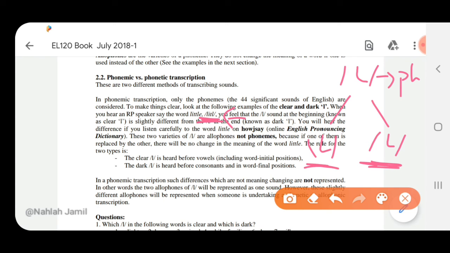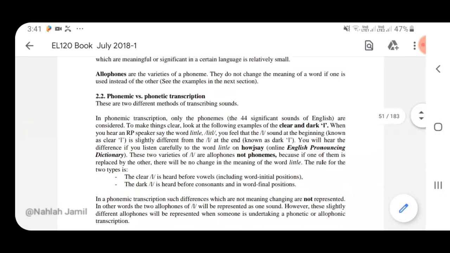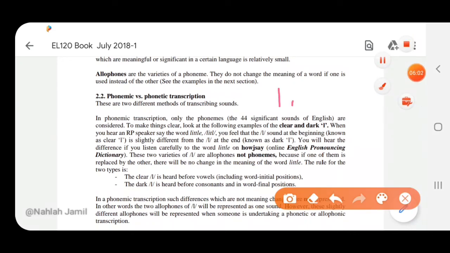There's a very slight difference in pronunciation, and if the first allophone replaces the second L, or the second L replaces the first L, it doesn't make any difference. It remains the same word, little.